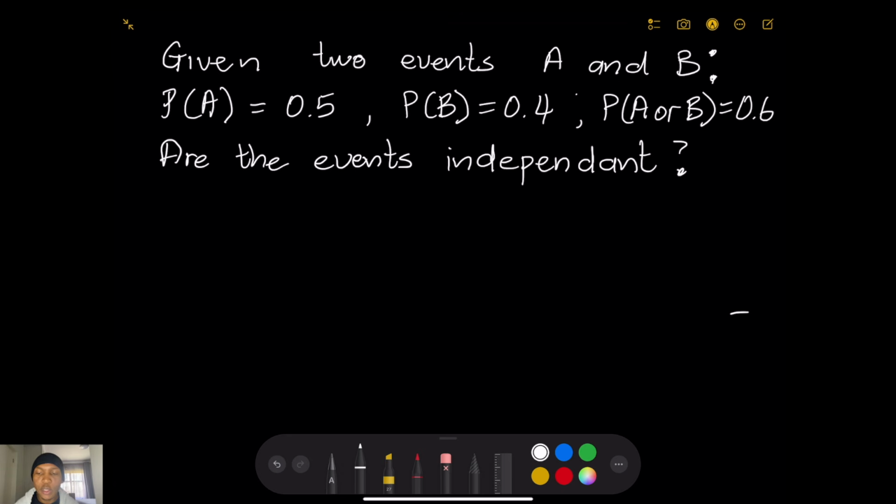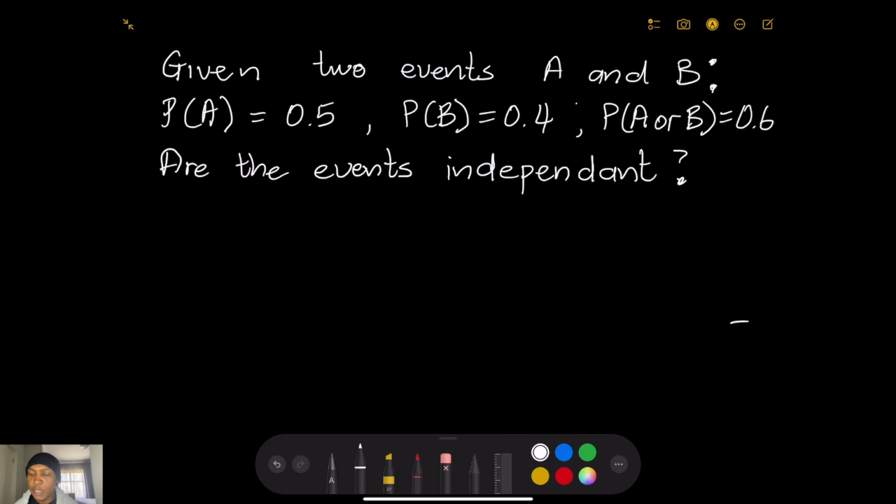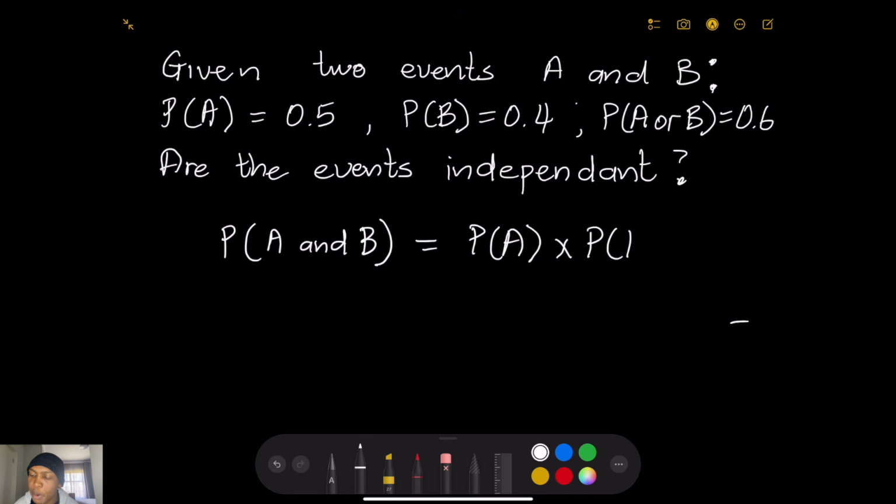Now, we don't necessarily need to draw a Venn diagram for this one. They're asking the question, are the events independent? So when we're talking about independent events in this particular case, please remember that for independent events the probability of A and B will always be equal to the probability of A multiplied by the probability of B. Of course, we did explain this when we introduced this section.